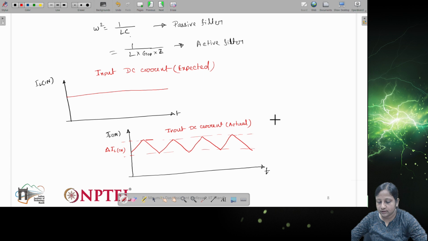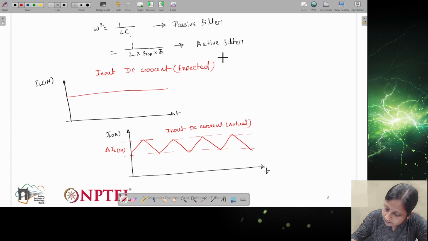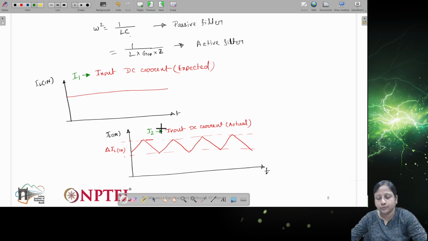So let's say this is the expected, this is I1. Okay, just let me use a different color. This is the definition of I1, and this is I2, this is the definition of I2.